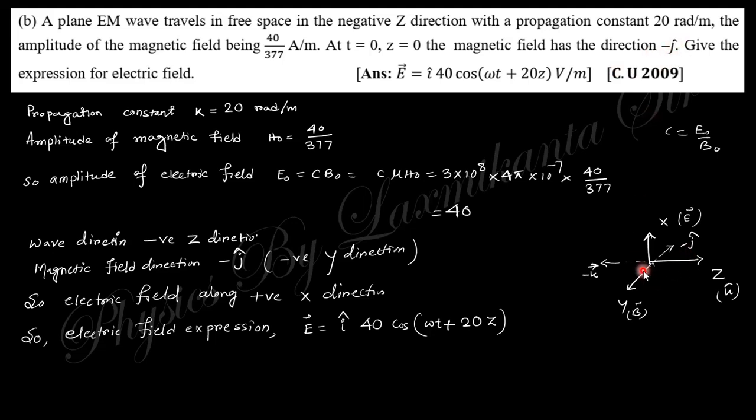So you can see there is a magnetic field, so the electric field must be along the x direction, such that this cross product satisfies this relation. So the electric field direction will be i cap, and the amplitude of the electric field will be c B naught, that is c mu H naught. This is 40. Okay, other things are the same.